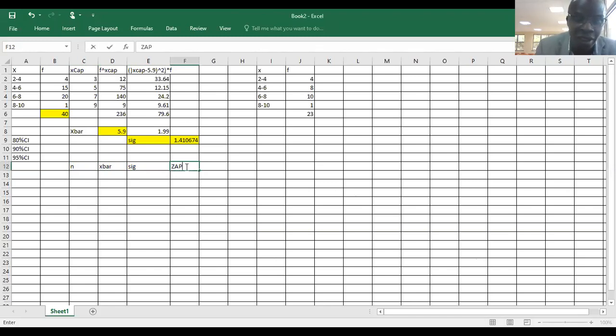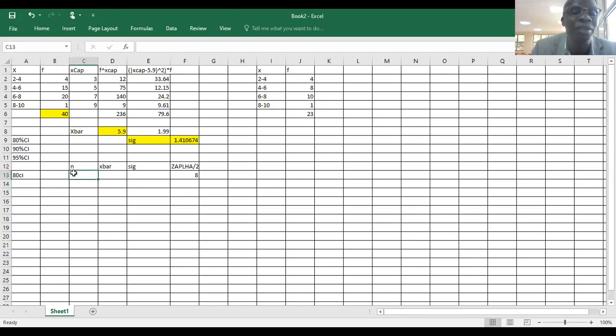Me, I'll write in words: alpha divided by 2. Remember, it is a subscript. And therefore, let's start with 80% first. 80% CI.